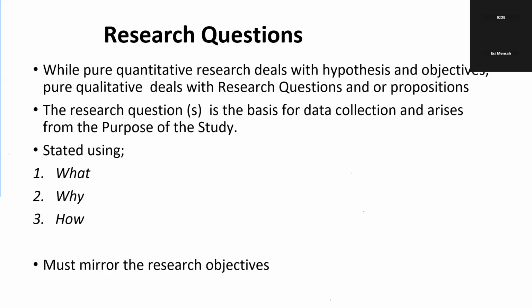But why questions are strong because we argue that in qualitative research, our whole reason for using a qualitative approach is to get an in-depth understanding of what is happening. So why questions are rated to be strong questions, same as how questions. So that is why, if you realized, even when I had the second what question, I went on to why and how questions. We want to see those.